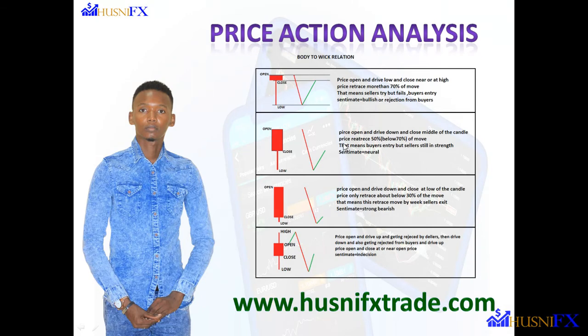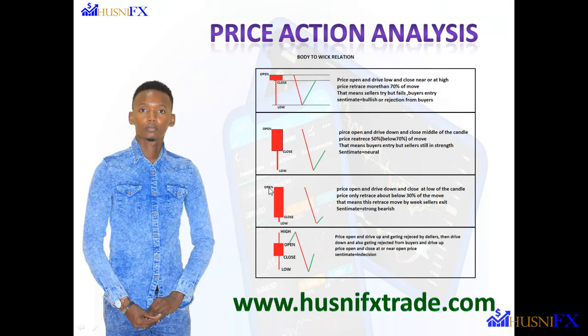This price retracement is 50%, which is below 70% of the move. That means buyers enter but sellers are still in strength, and this is what we call neutral. This is the sentiment of the candle.